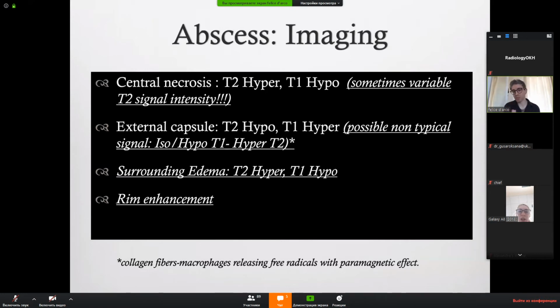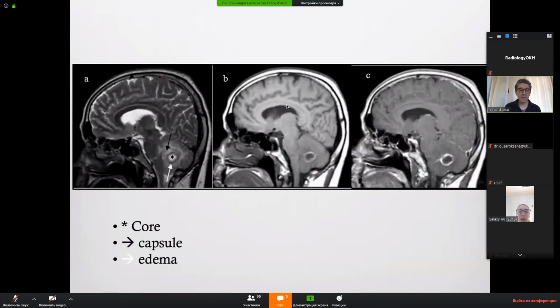There can, of course, be variability. And then we have the external capsule I showed you before in the pathological specimen, that is T2 hypointense, T1 hyperintense. The surrounding edema is just edema, so hyperintense in T2 and hypointense in T1, so water, and the external capsule shows enhancement.